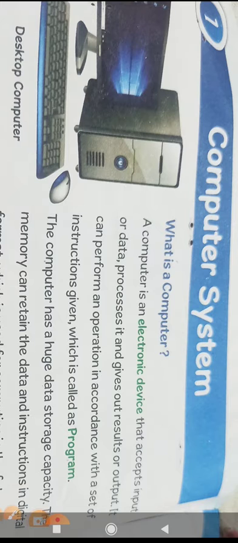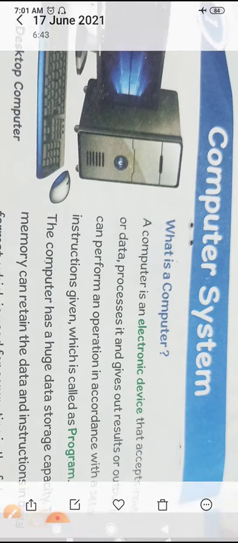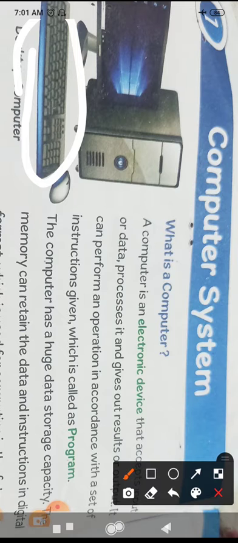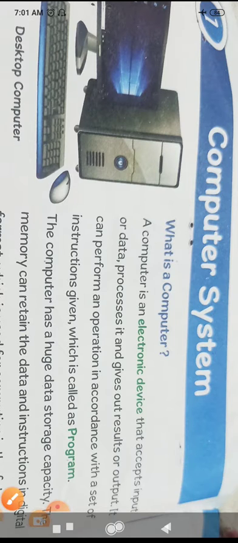Now suppose first thing, when you are inputting from the keyboard, see this is a keyboard, correct? So what can you input from the keyboard? Yes, anybody can tell? Yes, you can input numbers, alphabets.